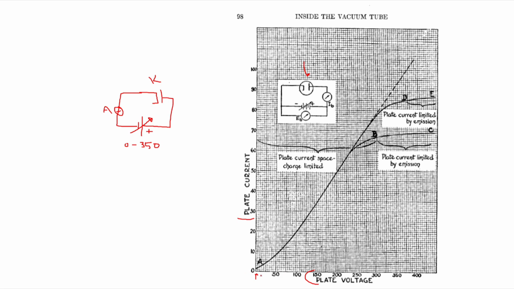Now as we start increasing the plate voltage, here's 50, we hit a point where we start increasing the current that's flowing through there. In this case we have about 9, let's call these milliamps. You can see as we continue to increase, let's go to 200 right here, 200 volts on the plate, we've increased our plate current to something on the order of 49 milliamps.